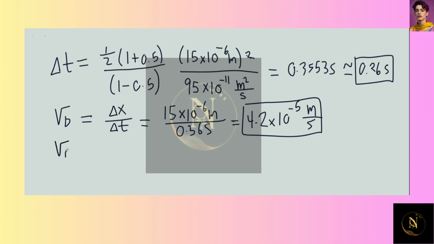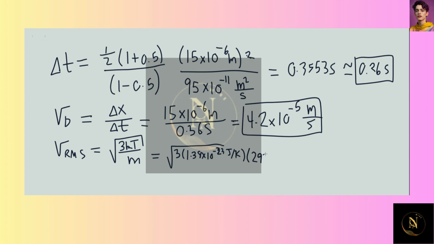Now we have to compare that to the RMS speed, the root mean square velocity for the molecules just from random thermal motion, which is given by root 3kT over m. k is the Boltzmann constant, which is 1.38 times 10 to the negative 23 joules per kelvin. Multiply by the temperature in kelvins. We're in water, so we assume it's 293.